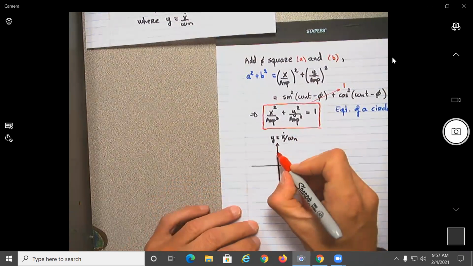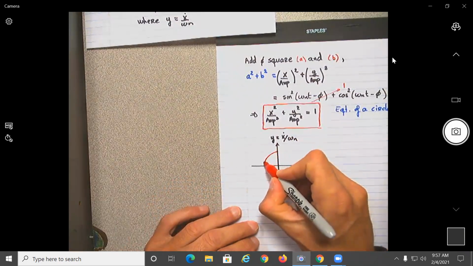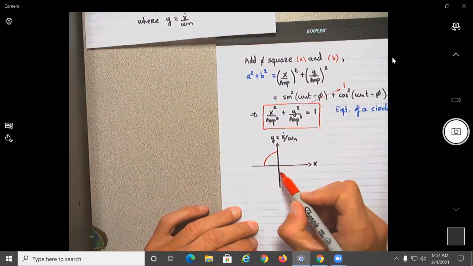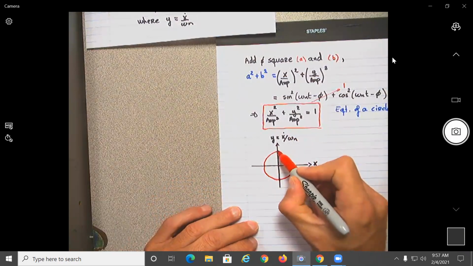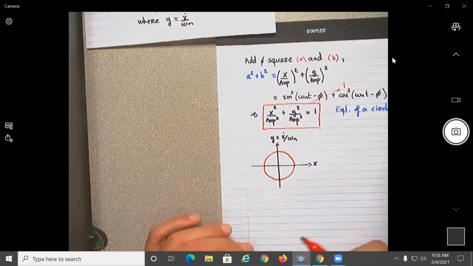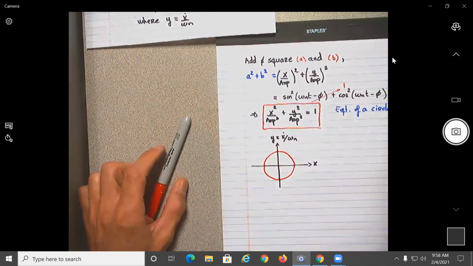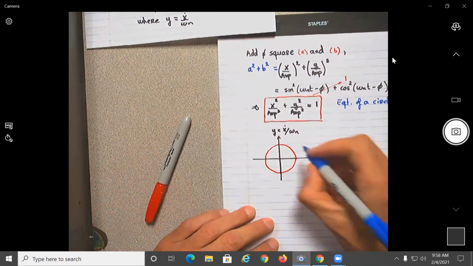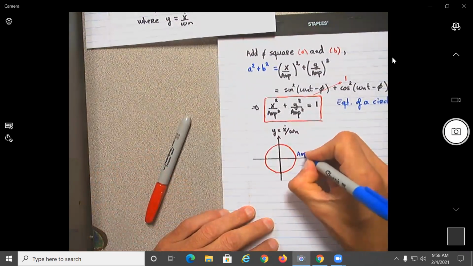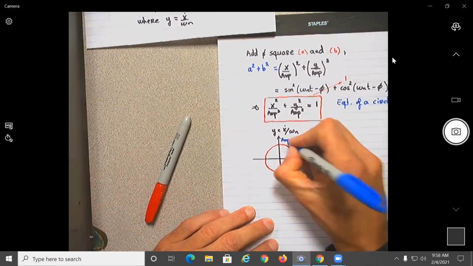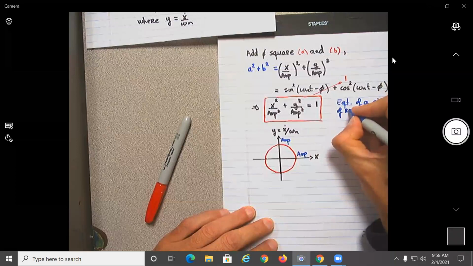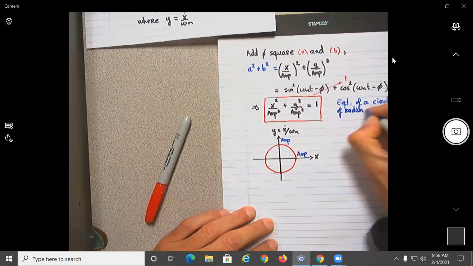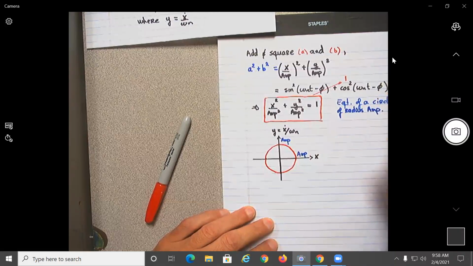Okay, be careful, my figure might not be that good. Basically, you have a circle, and the radius of the circle should be the amplitude, no? So this is the equation of a circle of radius the amplitude of the deformation.